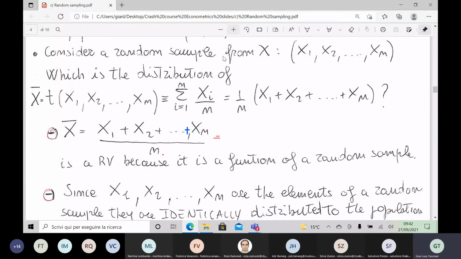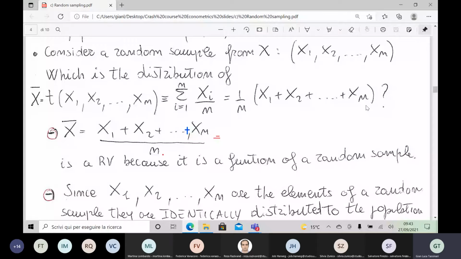Before selecting a sample, X bar is a function of a random sample. So the value of X bar depends on the value you are going to select for the first observation, for the second, and for the last one. So it's a random variable.